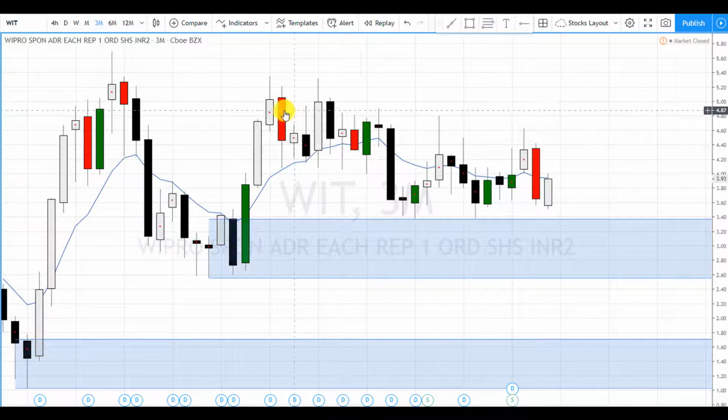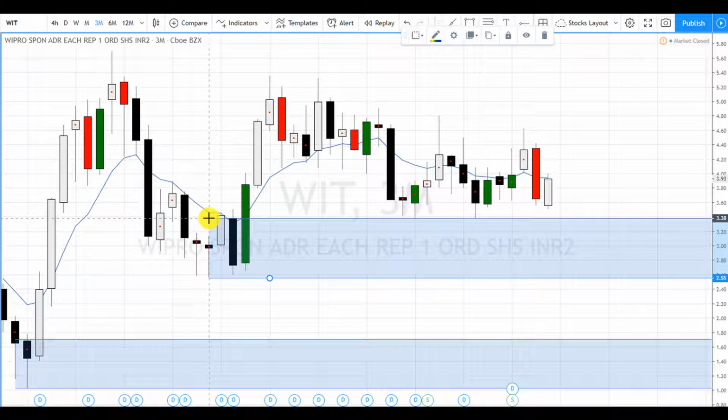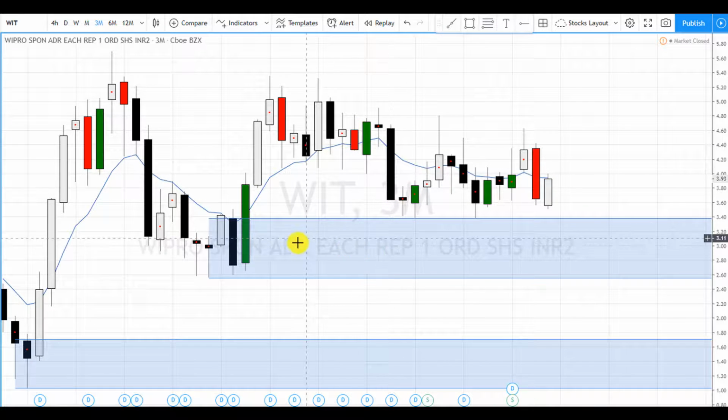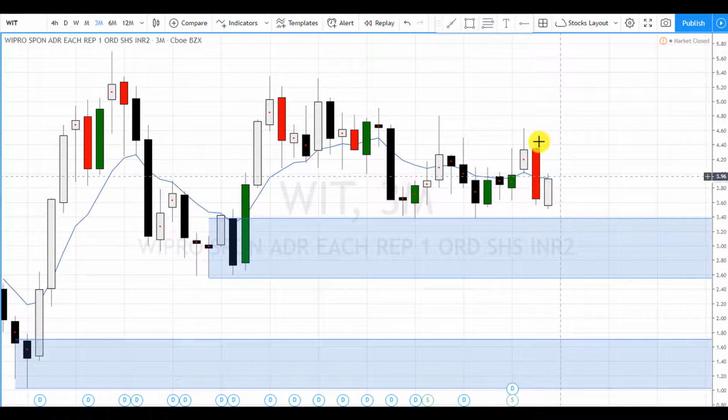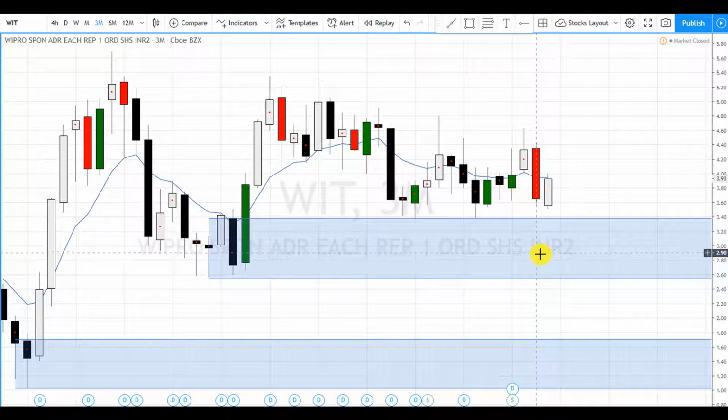And let's see, yeah, so price did touch this area of demand 2 times, rallied, and then now it formed an engulfing candle over here, so price could go lower.